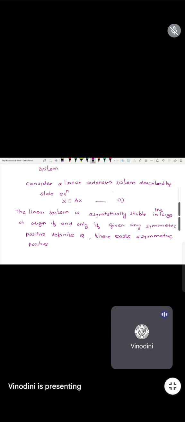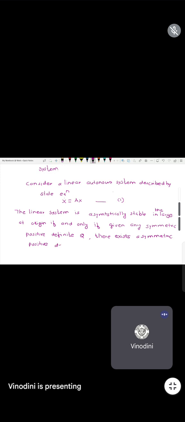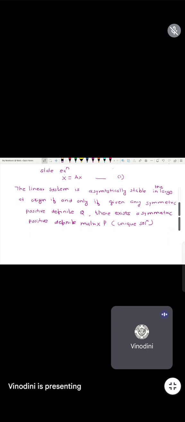There exists a symmetric positive definite matrix P, which is a unique solution. So ये बंदा आपके पास है Q, तो ये आ जाएगा P. P is the solution for your autonomous system, the unique solution. So what is the relation?